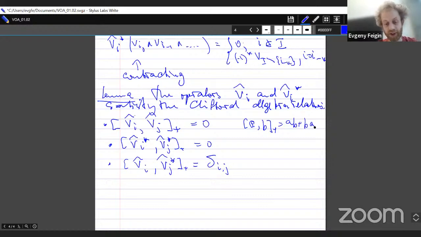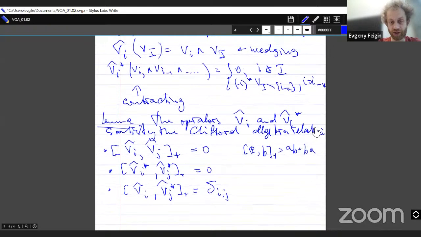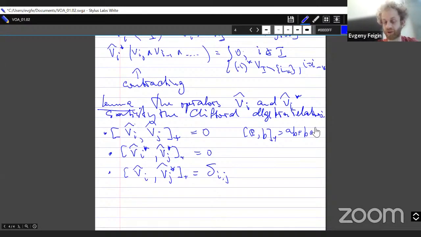Please raise your hand or write in chat if you want to discuss these relations in more detail. In principle, it is very straightforward to check all those relations with the definition given here. But if somebody has never seen this, please let me know. Okay, if not, let's go further.